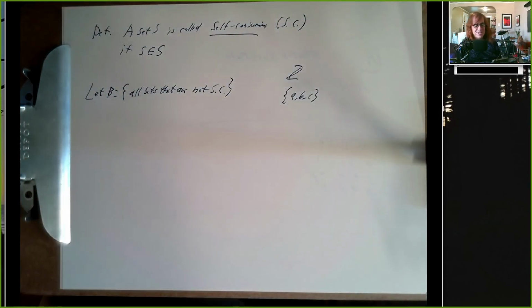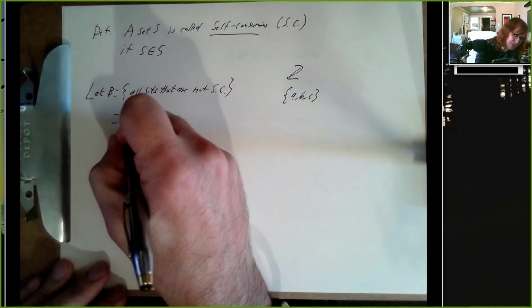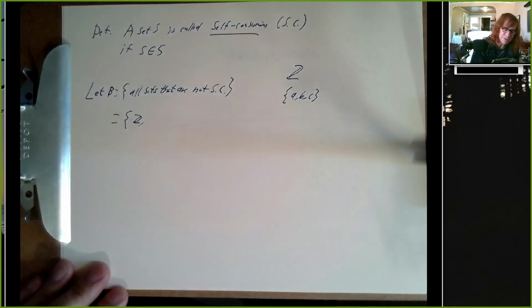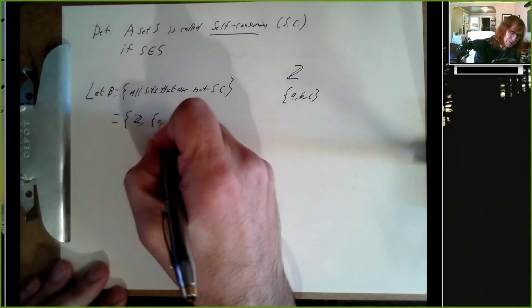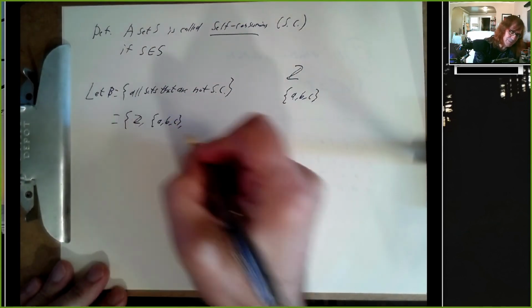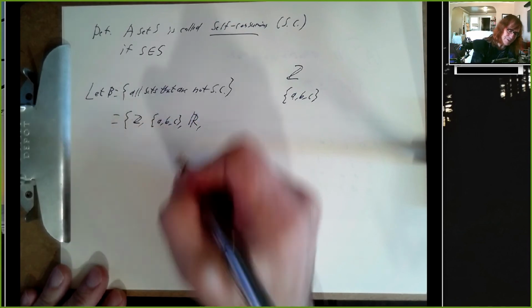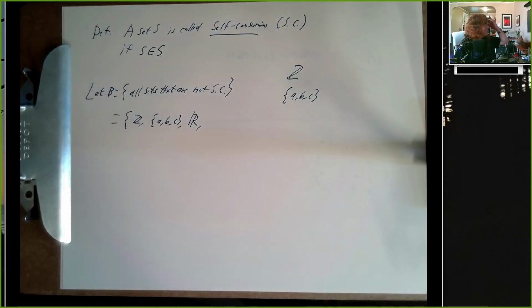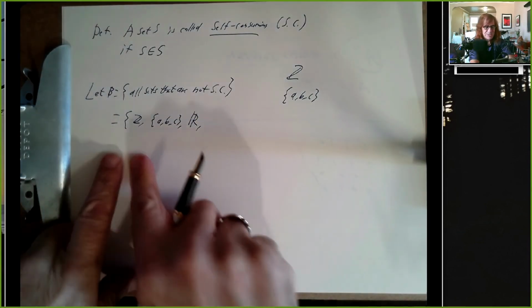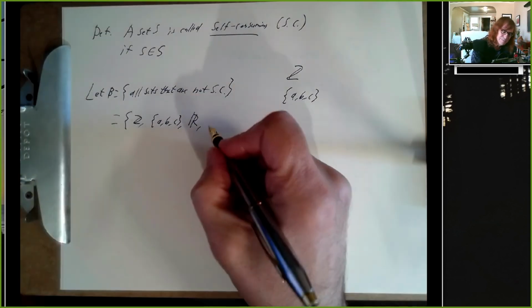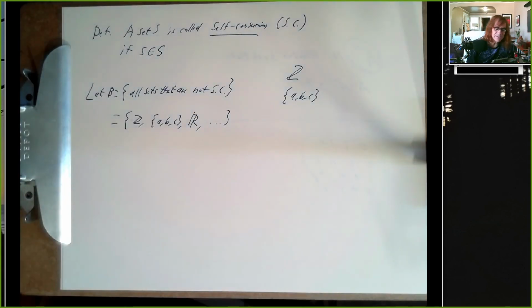So let B be the collection of all sets that are not self-consuming. So what are the things in this set B? Well, it certainly includes the set of integers. It includes the set {a, b, c}. It probably includes the set of reals. And most any set that you can think of is probably in this set B. Okay, it's any set that's not self-consuming.